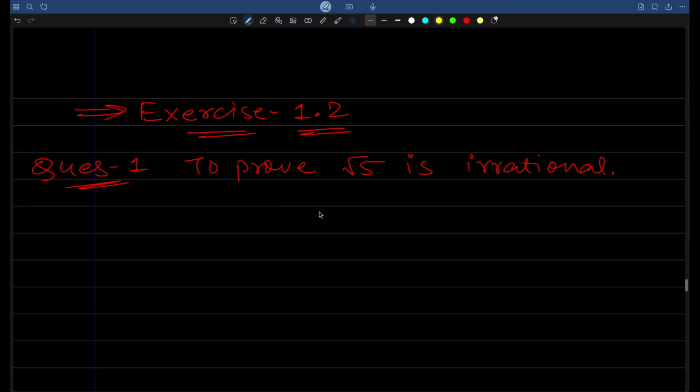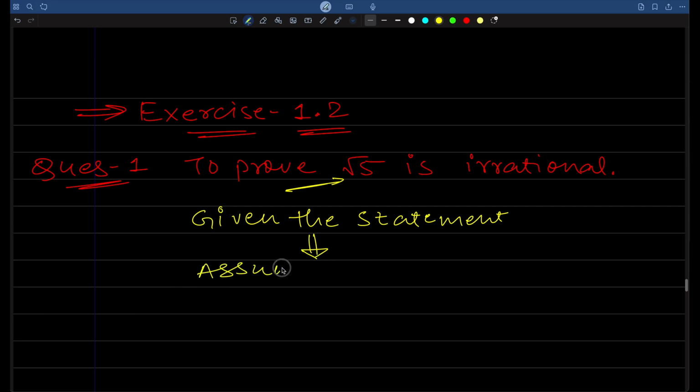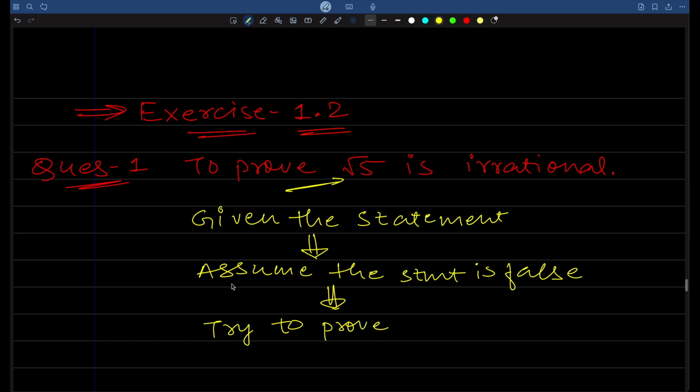To prove this statement, we will do these steps. Given the statement, we will assume that the statement is false, then we will try to prove the assumption wrong.